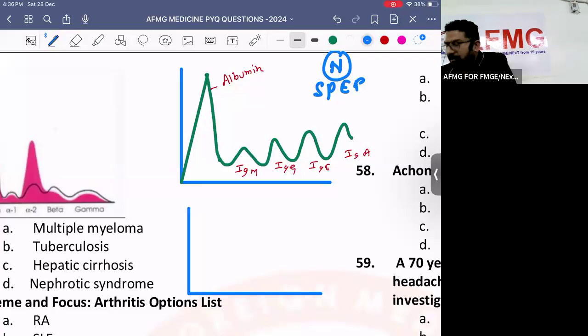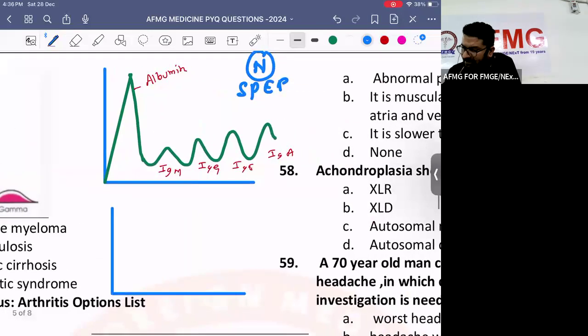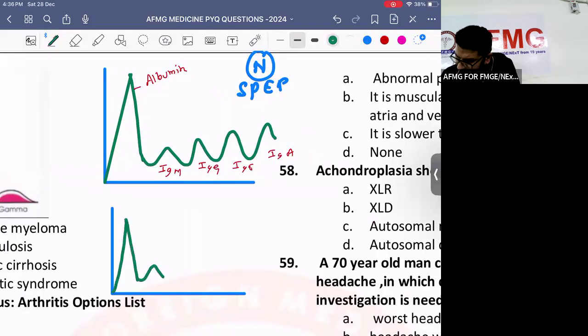समझ आया? What I told you in multiple myeloma, you will see first spike will be of albumin. Then you will see second spike, which is slightly shorter than albumin. बाकी सब स्पाइक नॉर्मल होगी, लेकिन एक और स्पाइक दिखेगी.